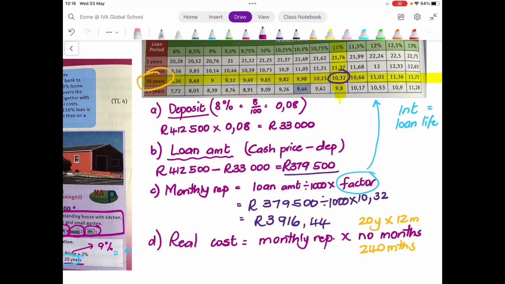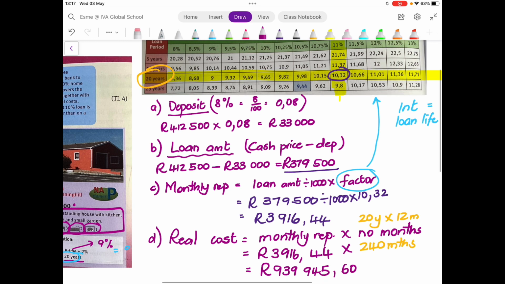So we are going to multiply 3,916,44 by 240 months. And if we calculate that, the real cost is going to be 939,945,60. That is the real cost of the loan, which is your money plus the bank's money.